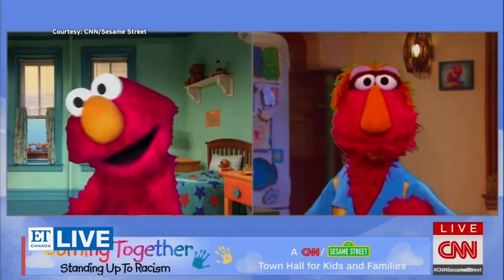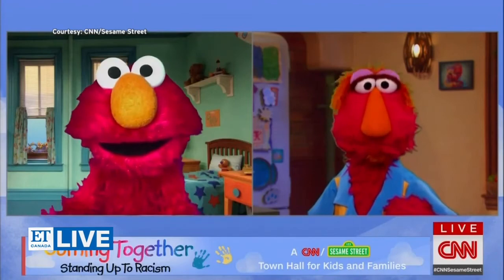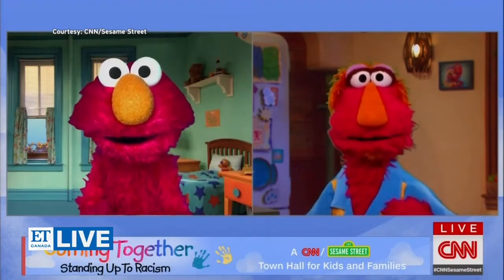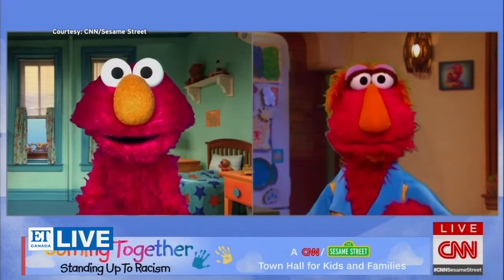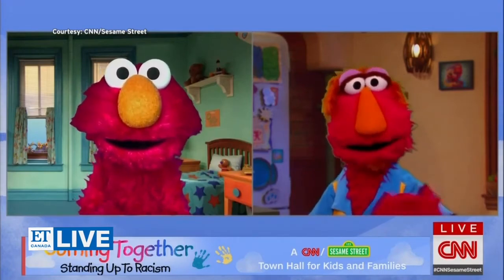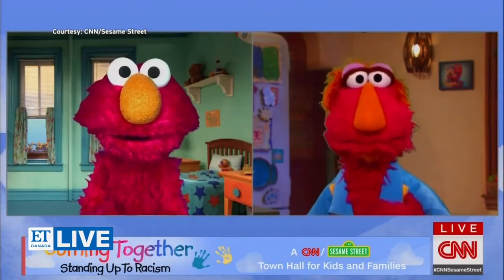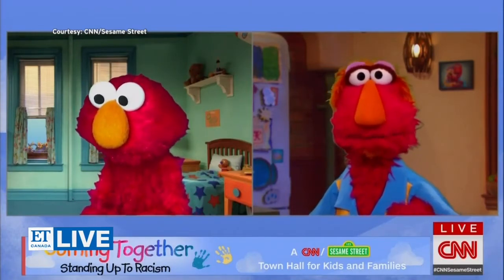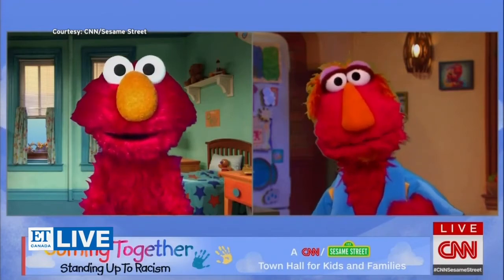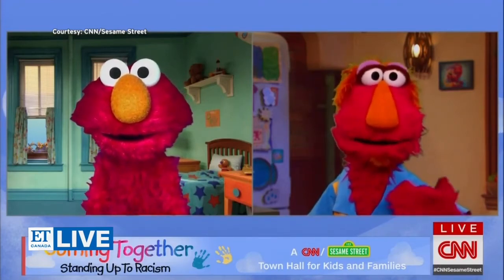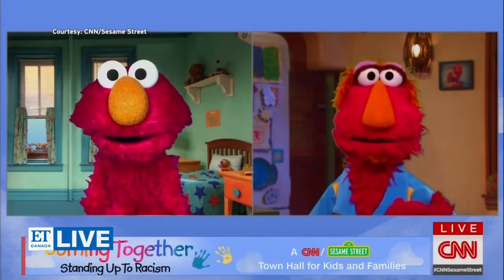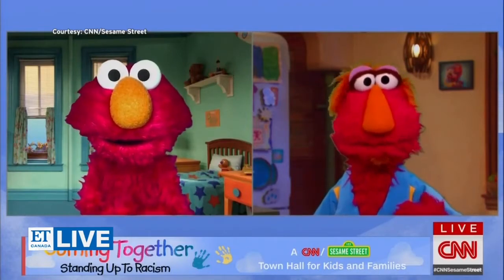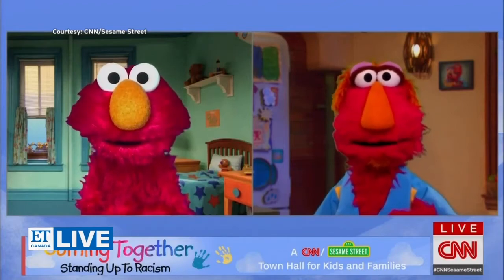Black, brown, pink, purple. I know, Elmo, but not all streets are like Sesame Street. I mean, on Sesame Street, we all love and respect one another. Across the country, people of color, especially in the black community, are being treated unfairly because of how they look, their culture, race, and who they are.